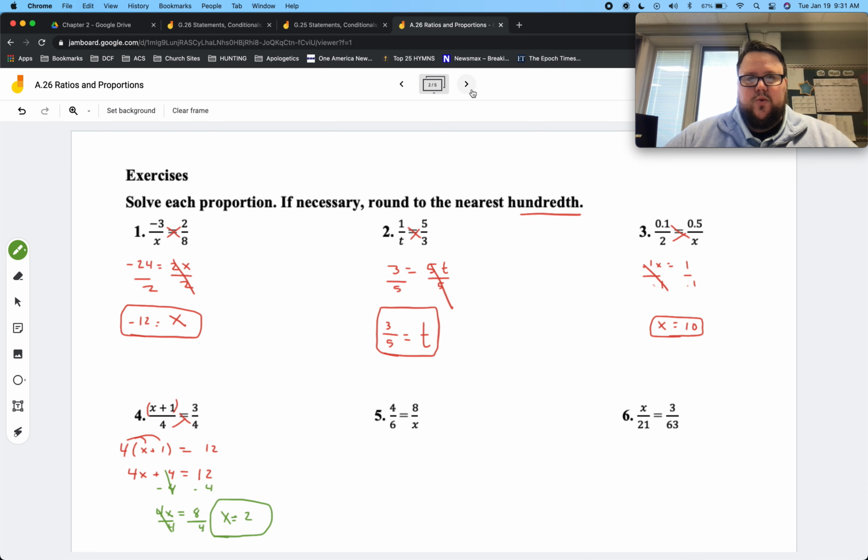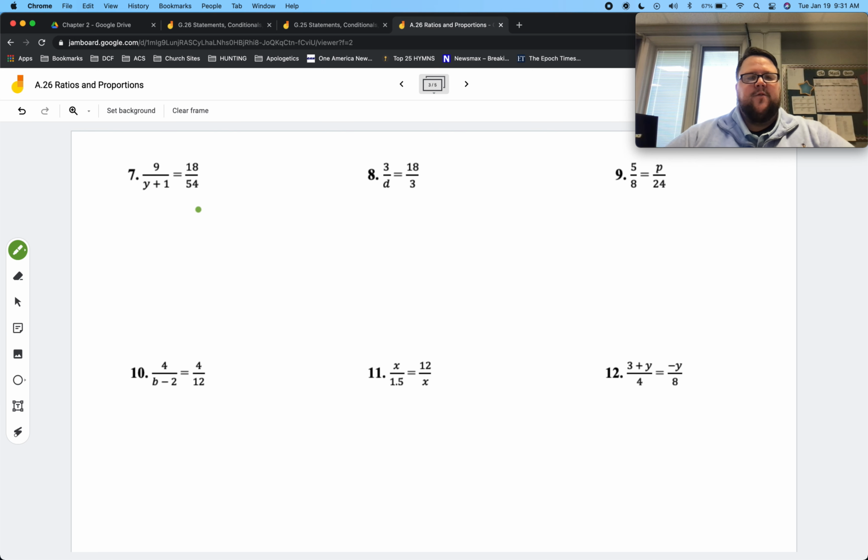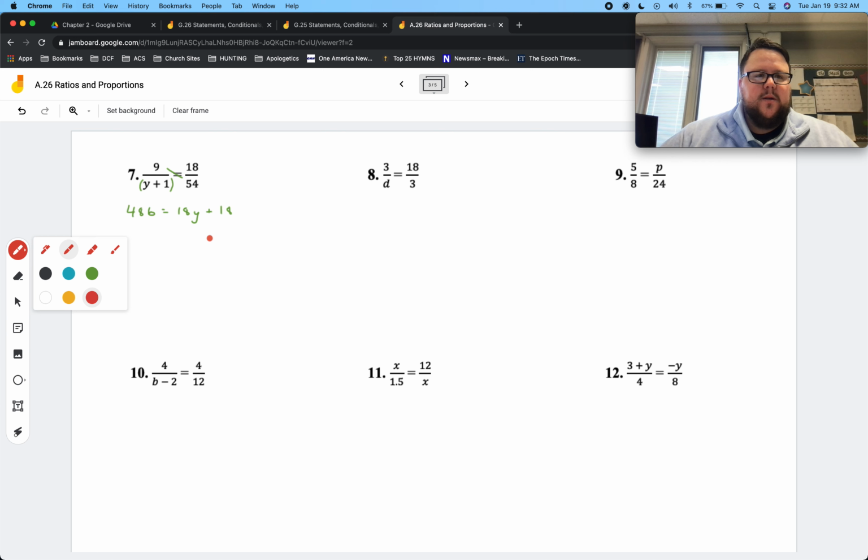So you guys can do those ones. I'm going to do number 9 for you, just similar. But instead of writing the step 18 parentheses y plus 1, I'm actually going to do it in one step. So 9 times 54 is 486 equals 18 times y, which is 18y, and 18 times 1 is 18, so 18y plus 18. And then from there, I'm just going to finish solving it.